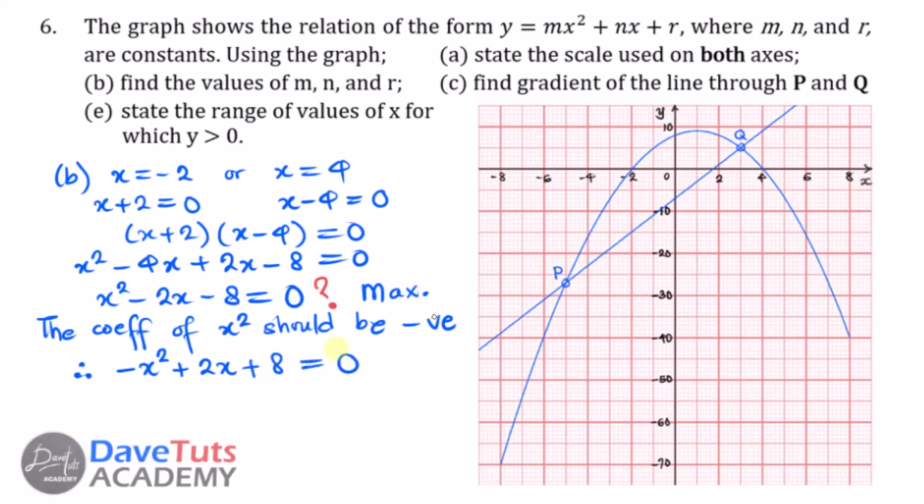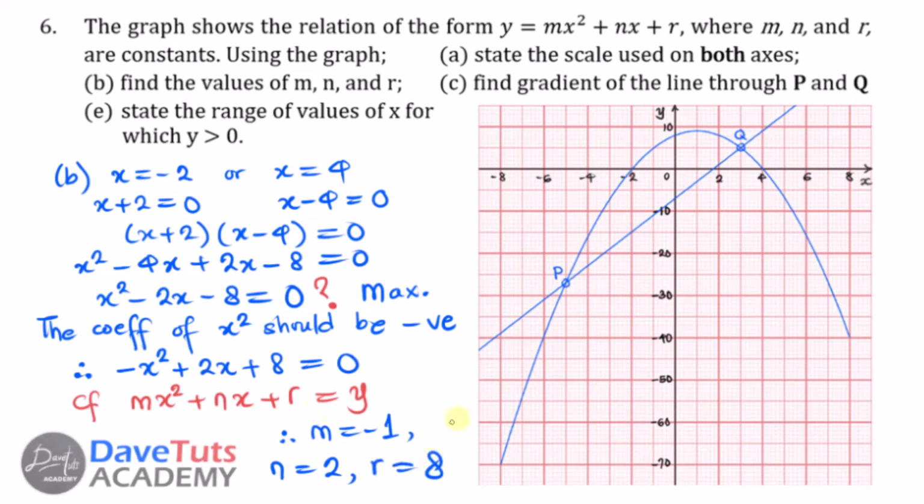So this is what we need to compare with the equation that we have, mx squared plus nx plus r is equal to y, okay? If we do that, we can see readily that m will be -1, okay, and n will be 2, and finally r will be 8. So these are the things that we need to take note of for us to be able to solve this question as appropriate.